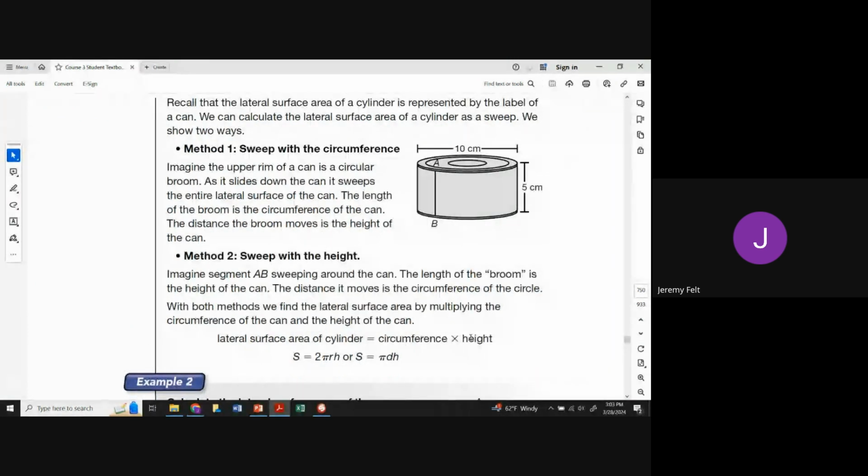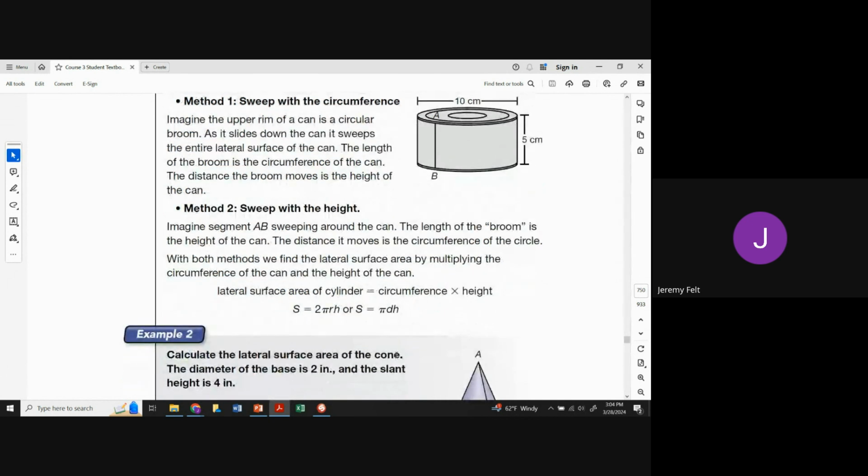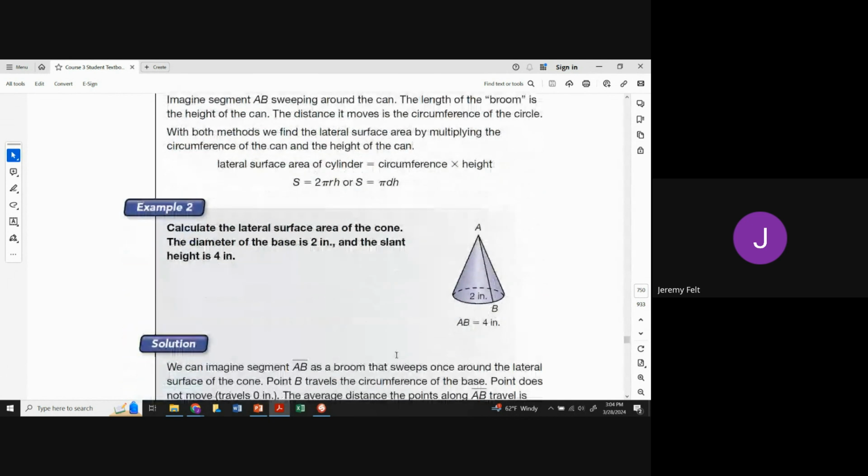So circumference times the height gives us the lateral surface area. And the circumference of a circle is 2 pi r, or pi times the diameter, and height is represented by h. So that's how we can go through in finding those.